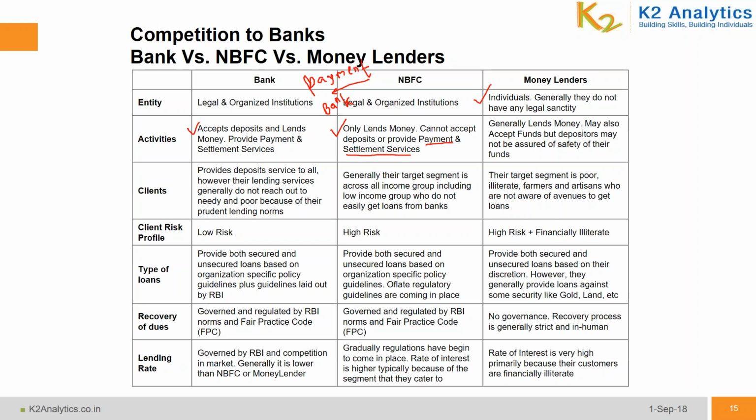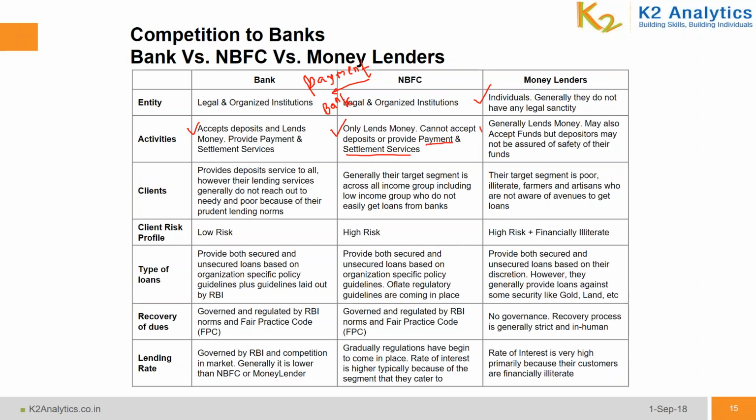Asking that person for their bank account number and bank details, registering that, and then transferring money is a hell of a task. In that case, the simple approach would be: give me your mobile number. If you're on the same e-wallet, you simply take the mobile number and transfer money. It becomes very easy. So a new kind of NBFC, the payment bank, has come up.